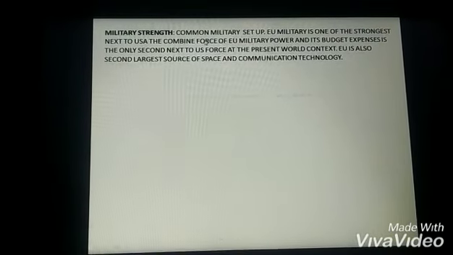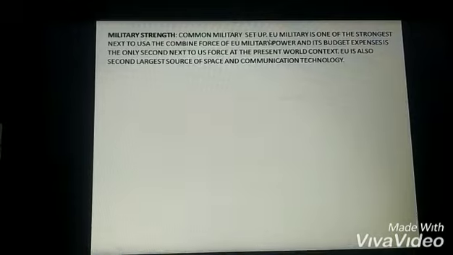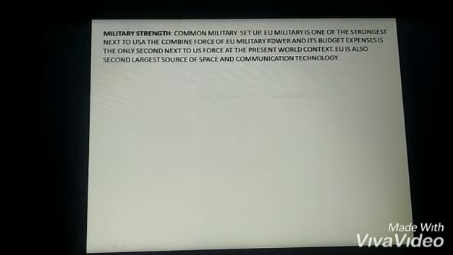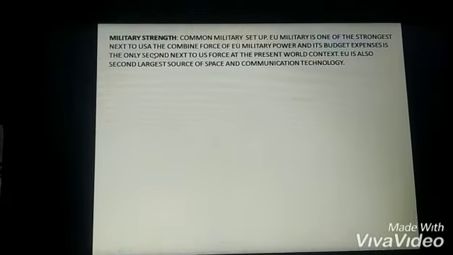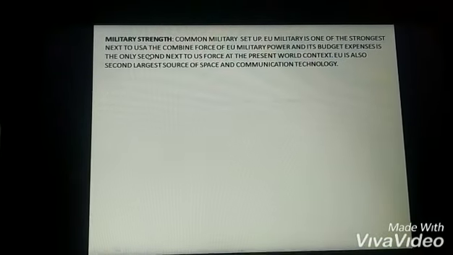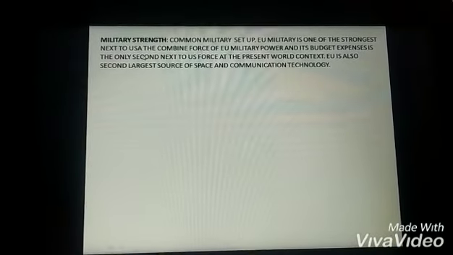Now the next one is their military strength. EU has a common military setup, and EU is one of the strongest next to USA now. The combined force of EU military power and its budget expenses is second next to USA.